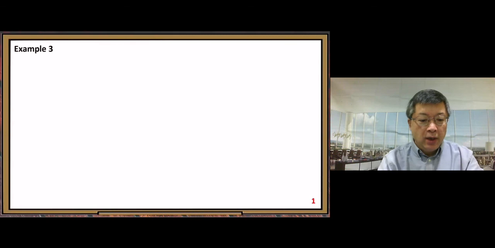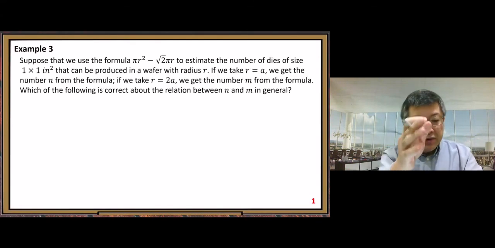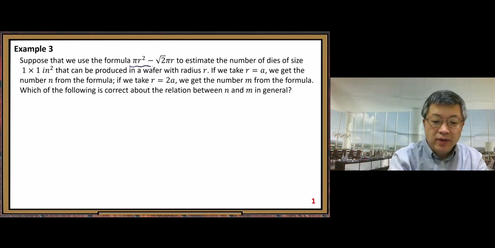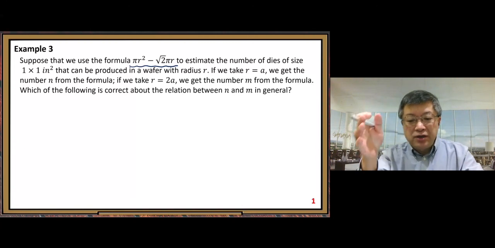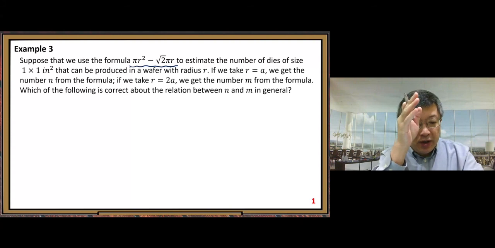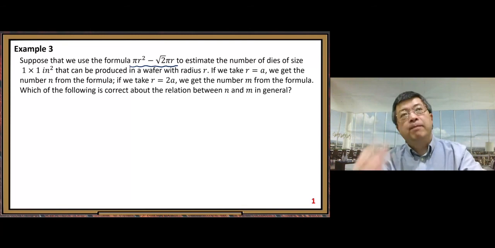Example number 3. Suppose that we use this formula to estimate the number of dies of size 1 by 1 square inch that can be produced in a wafer with radius r.